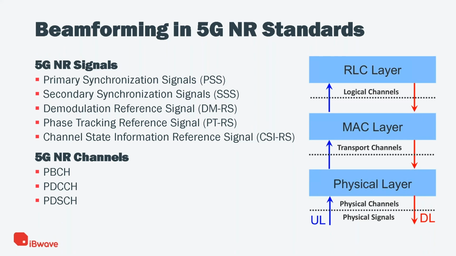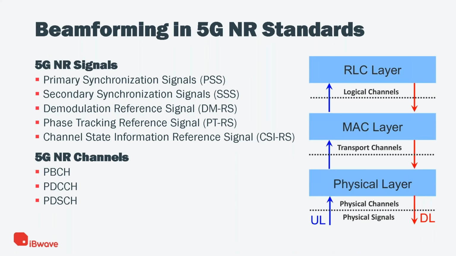And let's recall what we have learned from the first webinar. We mentioned that there are different signals and different channels in 5G new radio. It's like in LTE, but there are some differences in the signals and channels. So the signals normally are created at the physical layer.